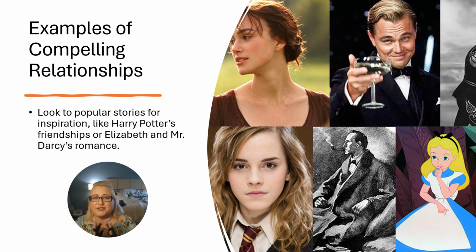They're tested by jealousy, fear, and sacrifice, and it makes their bond feel real. In Pride and Prejudice, Elizabeth and Mr. Darcy's romance grows through misunderstanding and then mutual respect. It shows that conflict and growth are key to believable romance.